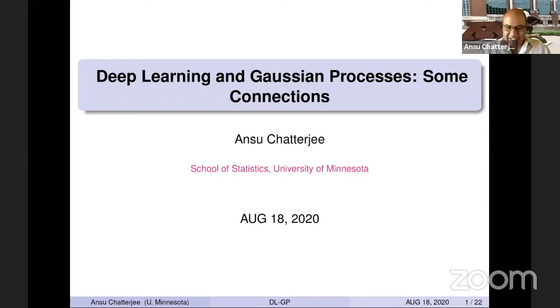And my talk is slightly different. What you heard from the previous speakers were very, very interesting applications, very interesting forays into using science for building better machines, using machine learning for better understanding of science.